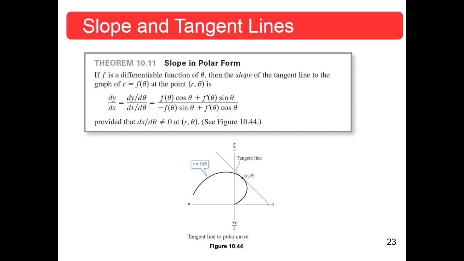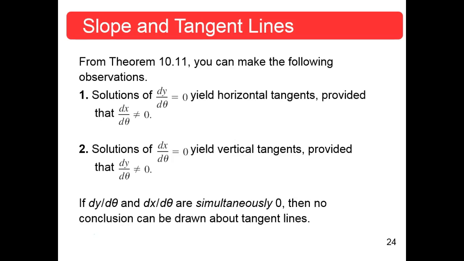From that theorem, this one right here, you can make the following observation. I think I just did. Solutions of dy/d theta equals 0 yield horizontal tangent lines, provided that dx/d theta isn't 0 at the same place. Then you've got big problems on your hands. You can't determine much of anything.